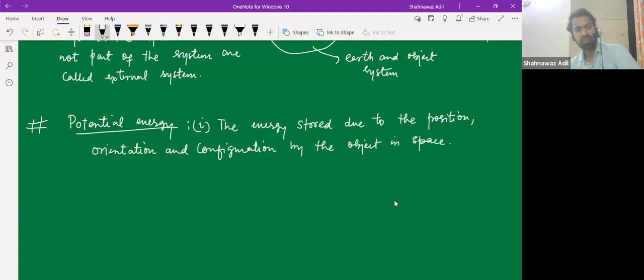Let's say you have some object placed over here with a certain configuration, kept at a certain height. So this will acquire some potential energy due to its position in space. We'll see how we represent this potential energy.